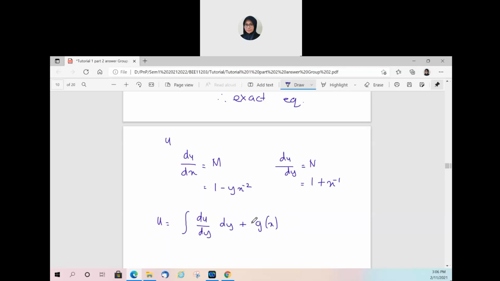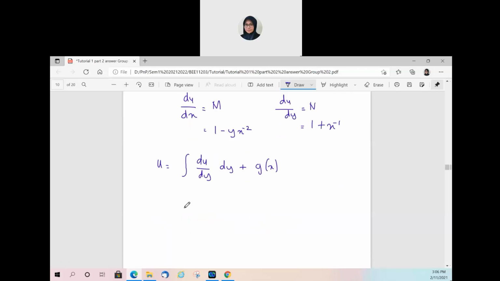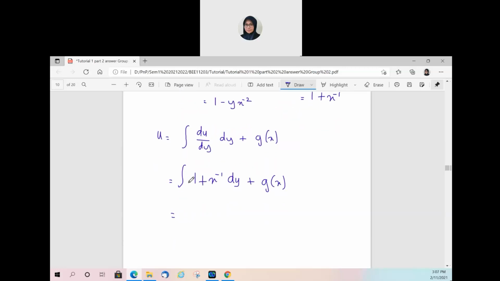Okay, faham. So u equals to, you integrate 1 plus x minus 1 dy plus gx. So equals to, you integrate 1 terhadap dy, you get y.